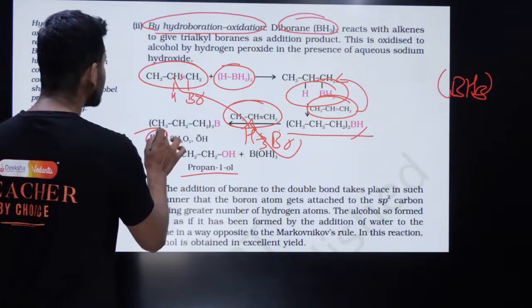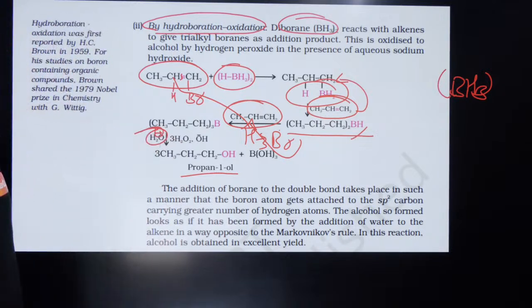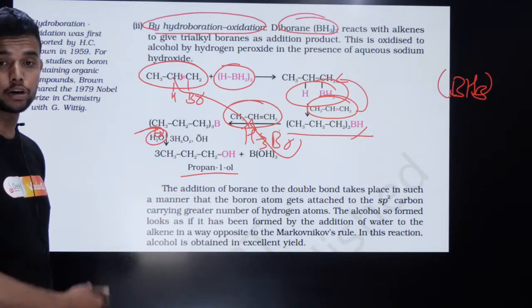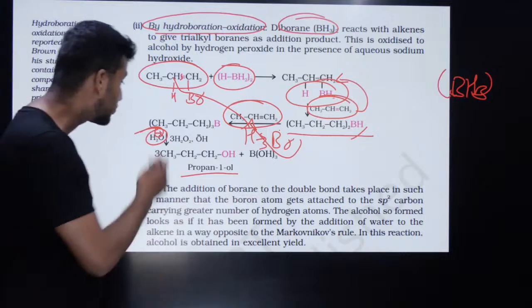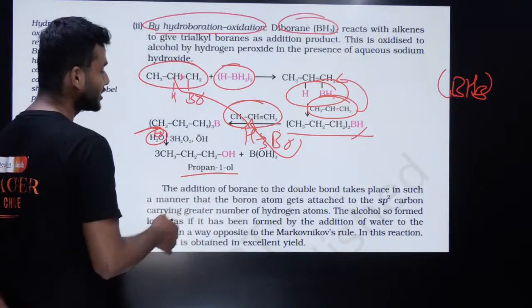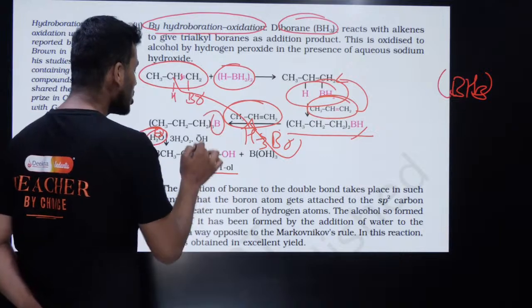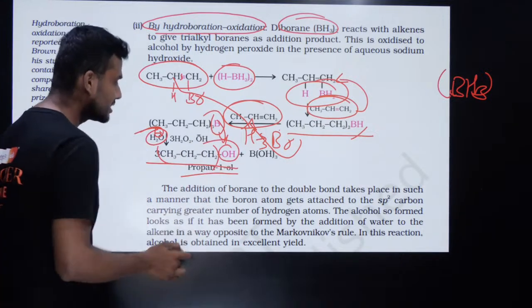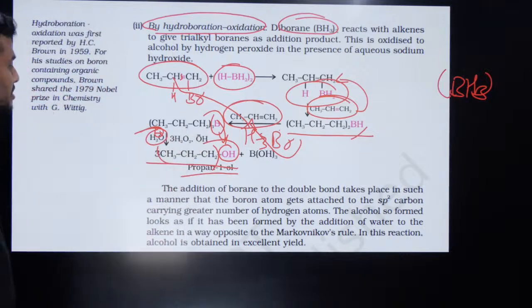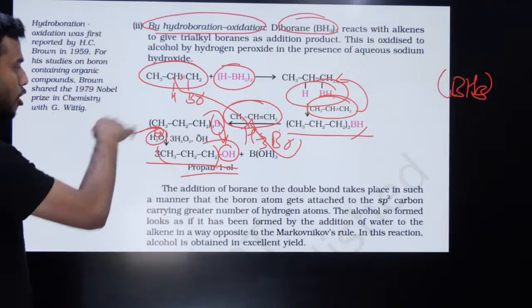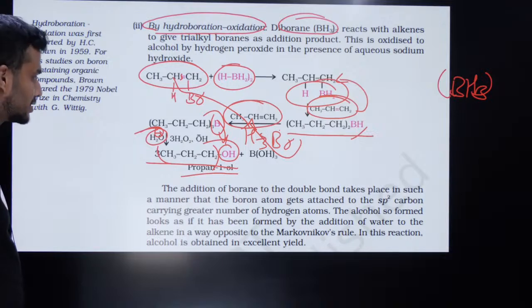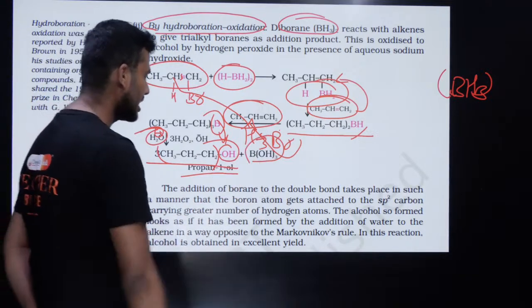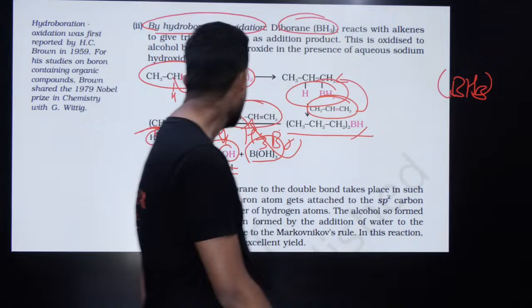After that we do H3O plus, or protonation, not deprotonation, sorry. Whenever you do protonation, what happens? This B is replaced by OH, then the CH3CH2CH2 groups are there. It behaves like this, and B(OH)3 is forming.